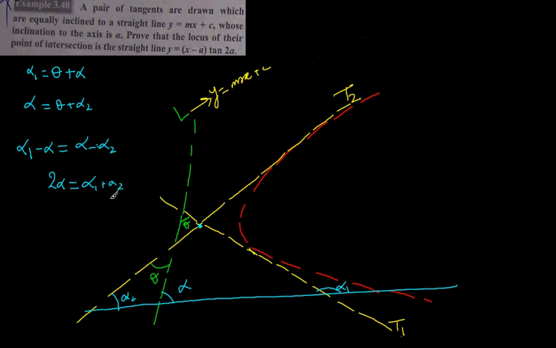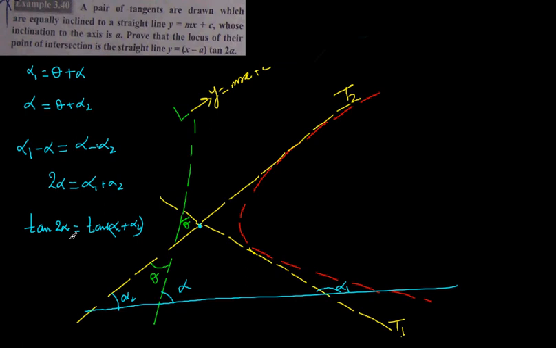Now you take tan of both sides, then tan 2 alpha should be equal to tan of alpha 1 plus alpha 2.